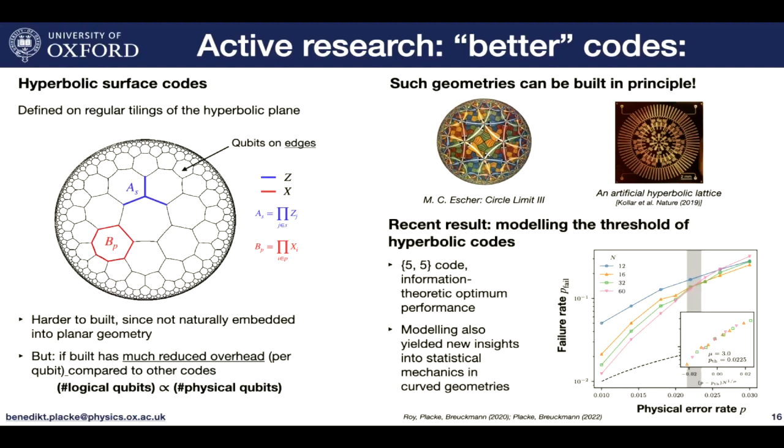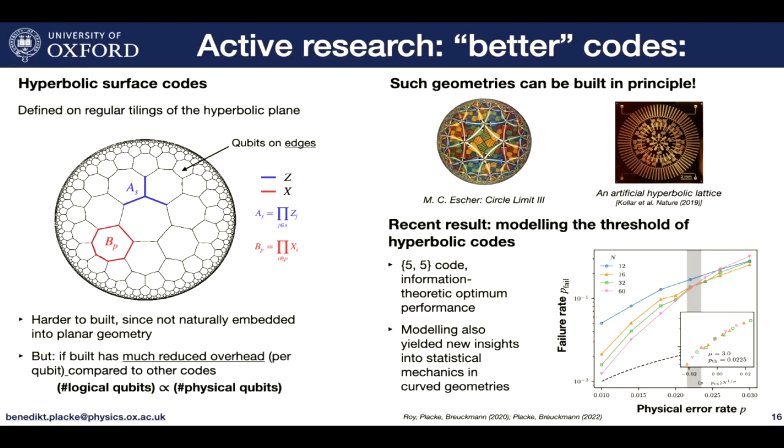And then maybe one result that I did, for example, is now you can ask, can we again, for these codes, model the error correction process? Can we map it to some model of condensed matter physics? And indeed you can. It maps onto a very complicated model that lives in negatively curved space.